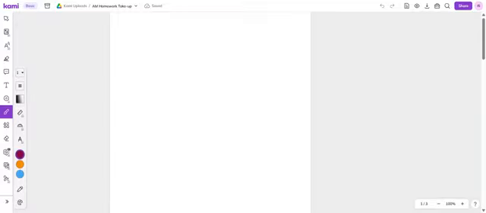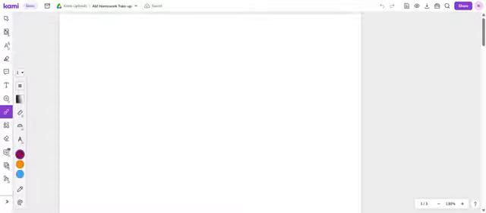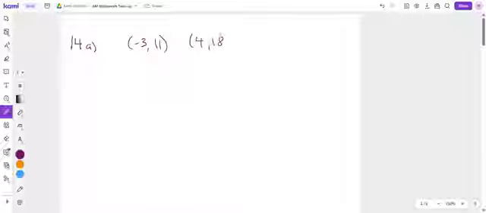Oliver, would you mind telling me what those 2 points are? Negative 3, 11 and 4, 18. And which page is it on? 258. All right.